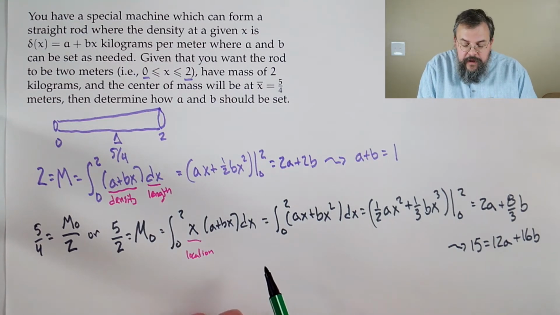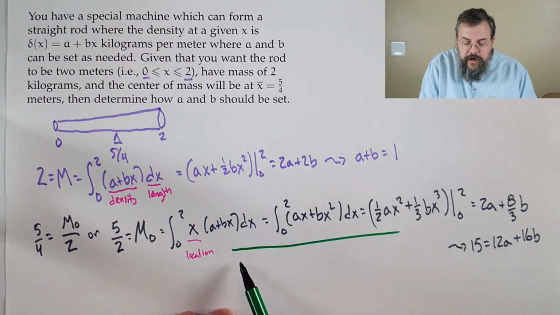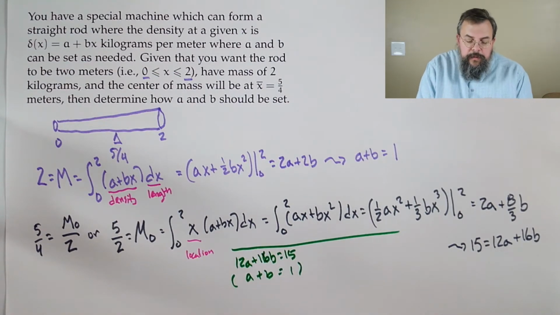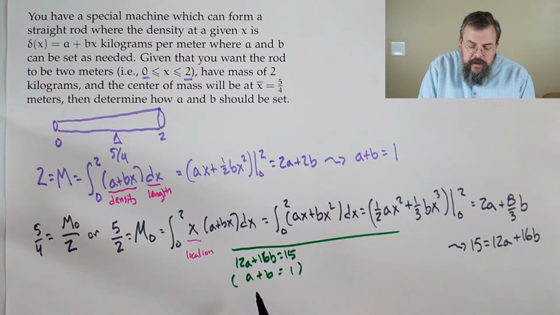So, for instance, suppose we started with 12a plus 16b equals 15, and then underneath we put a plus b equals 1. Well, what can we do? What can we multiply by to get rid of the a so that we could solve for b?